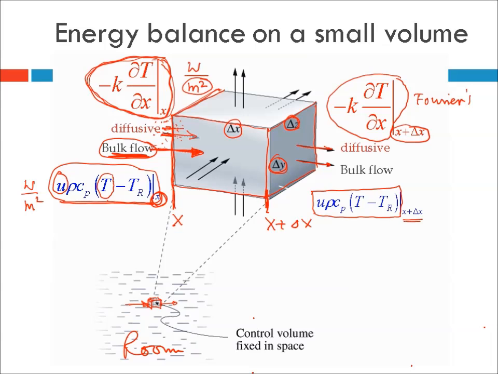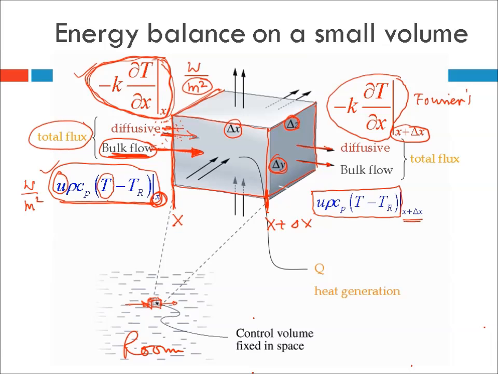So now we've got both the modes: energy flux due to conduction, energy flux due to flow. Together they make up the total flux. And the same applies this way.